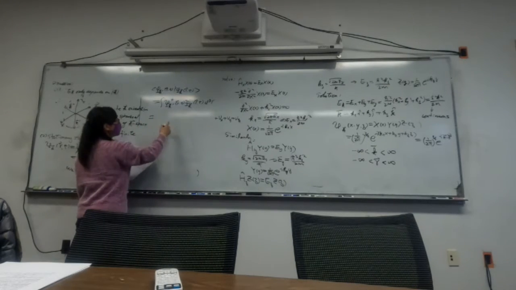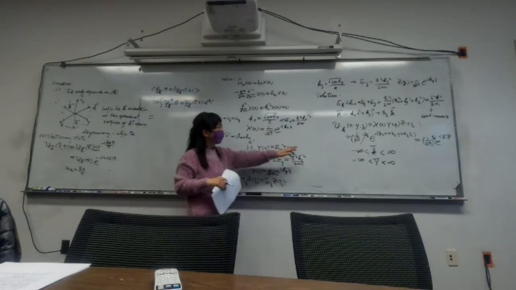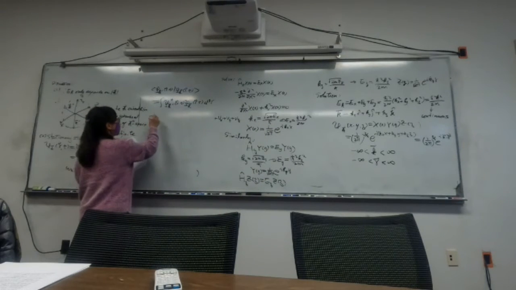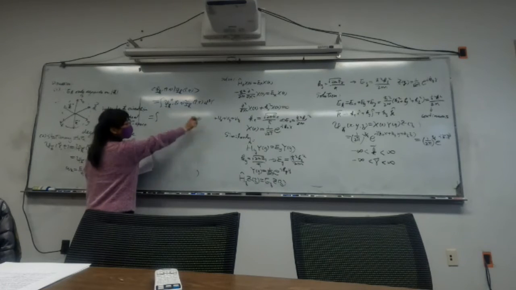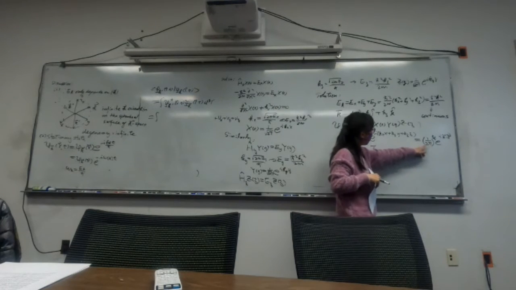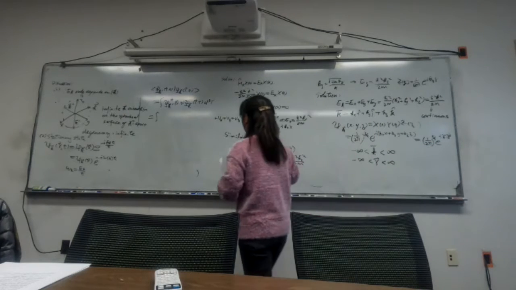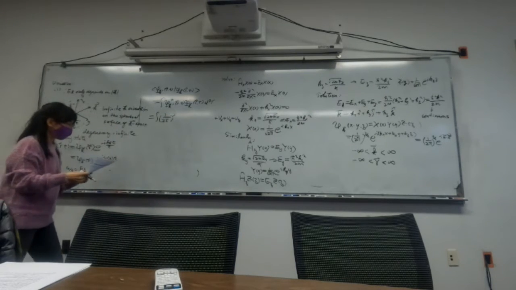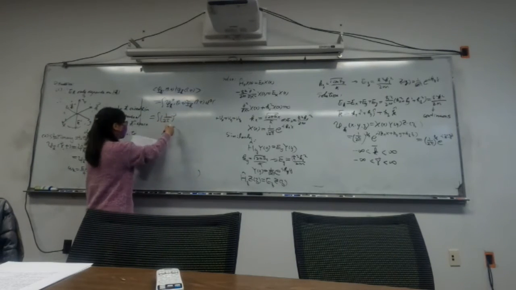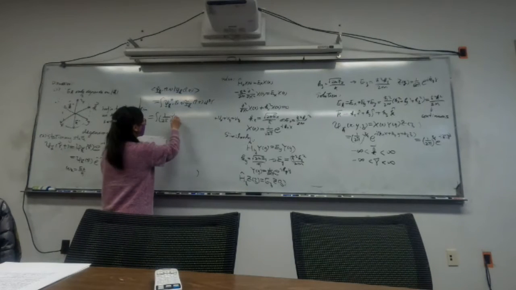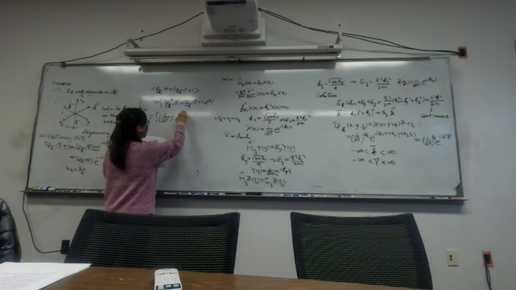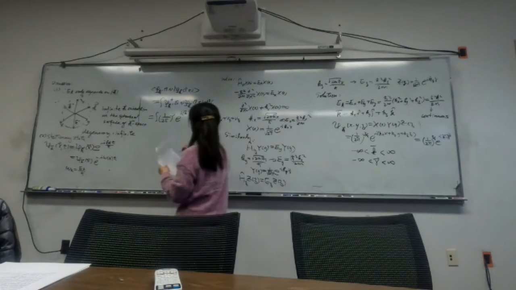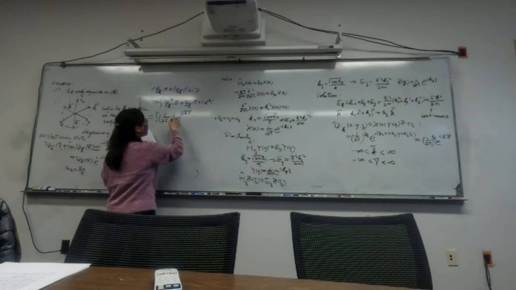You substitute this one, so we have 1 over 2 pi to the 3 over 2, and multiplying two of them gives the power of 3. Then the exponential of i k r, but here it is k prime, so this is minus.